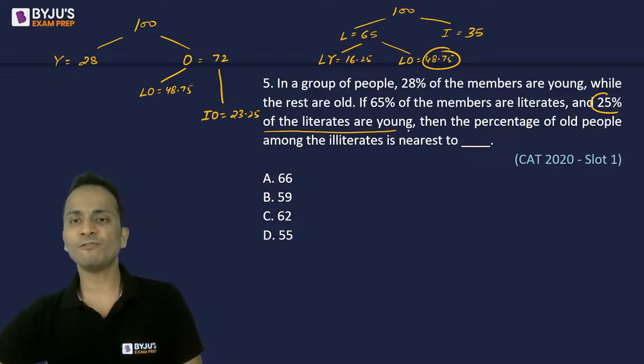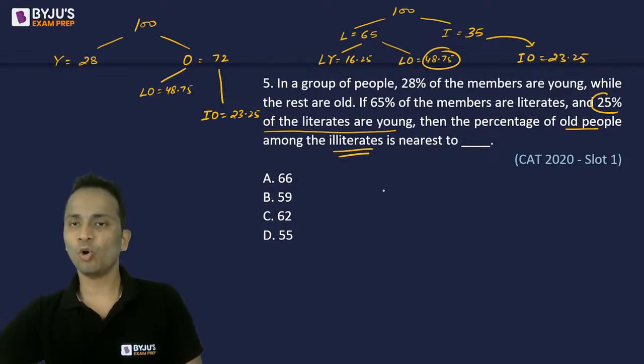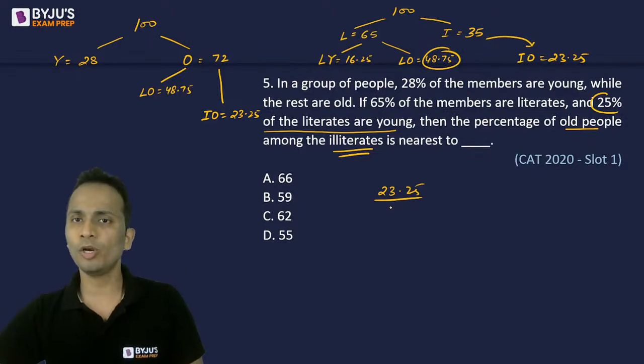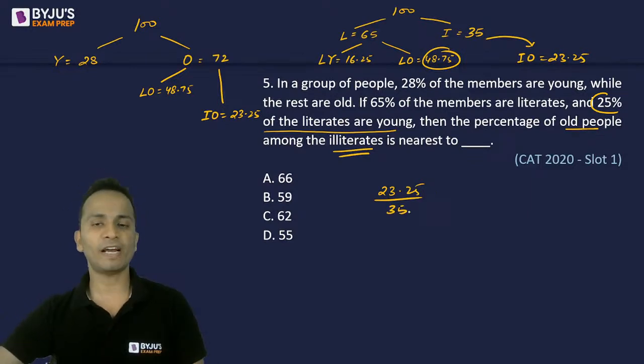Okay, now we have to find out the percentage of old people among the illiterates. So among the illiterates who are old are 23.25. So old illiterates are 23.25 among all illiterates, which are 35. So 23.25 divided by 35, we have to find out this percentage.